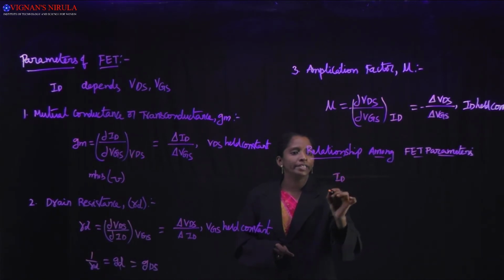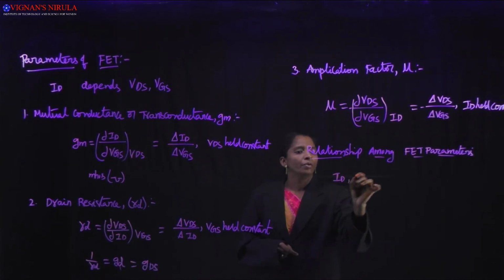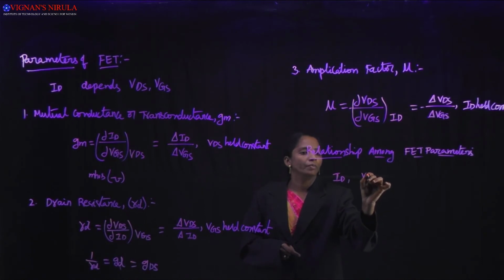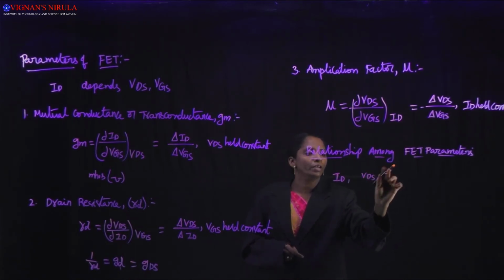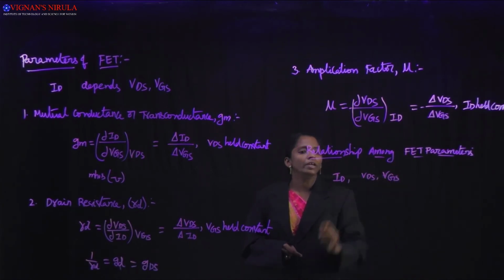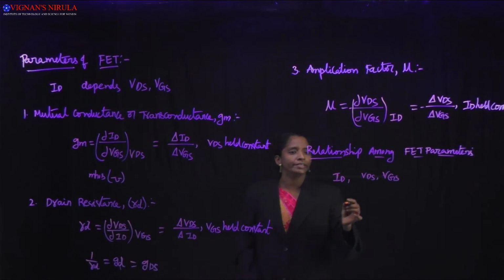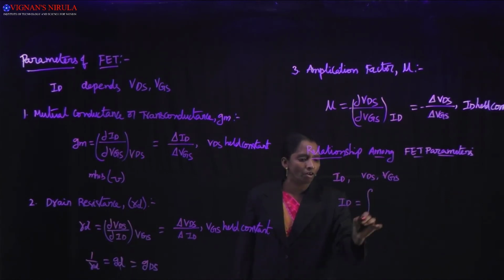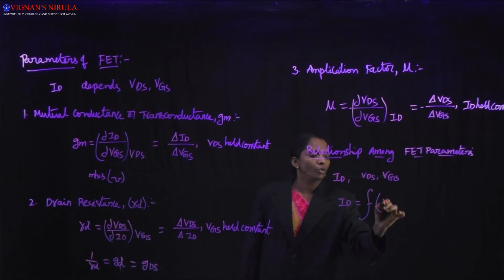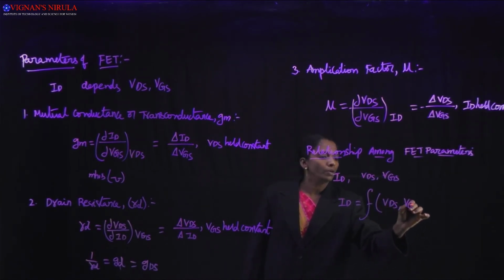It depends on output voltage VDS and input voltage VGS. So we can write ID as a function of VDS and VGS.